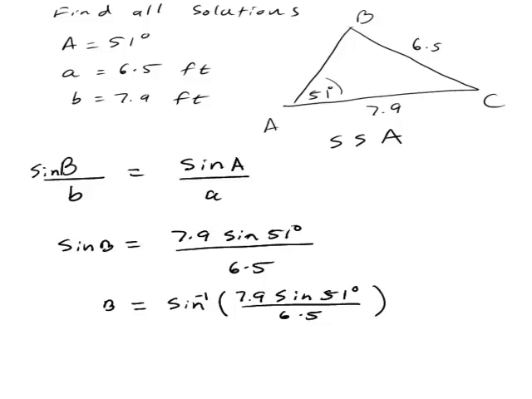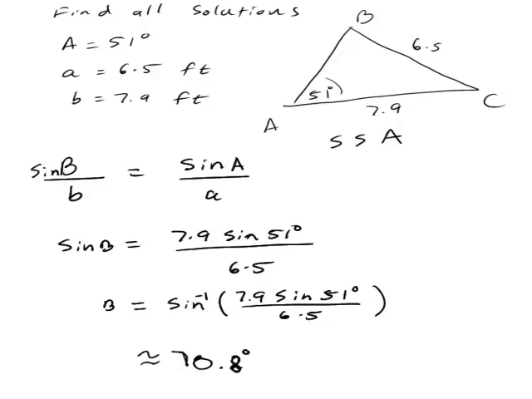Okay, so punching that into our calculator, we find out that B is approximately, let's see, to the nearest one decimal place, 70.8 degrees.